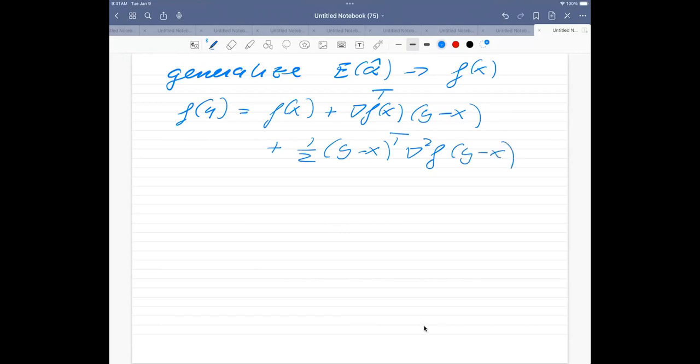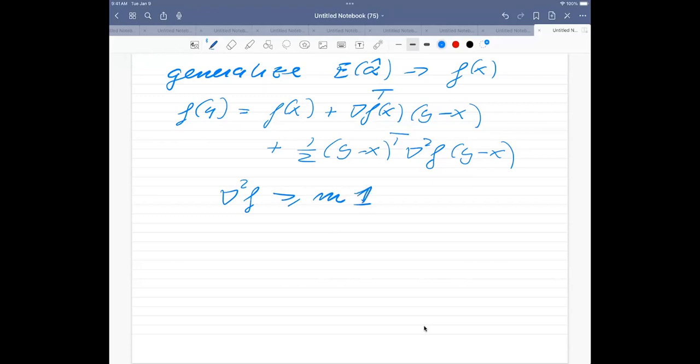Then we truncate at the level of the second derivative. We also assume that the second derivative is larger or equal to a constant m, since this is now a matrix, multiplied with a unit matrix.